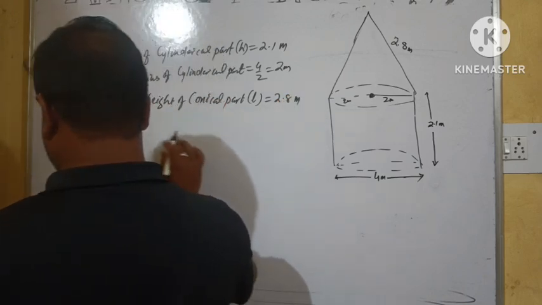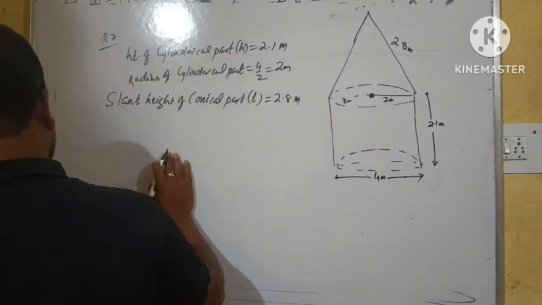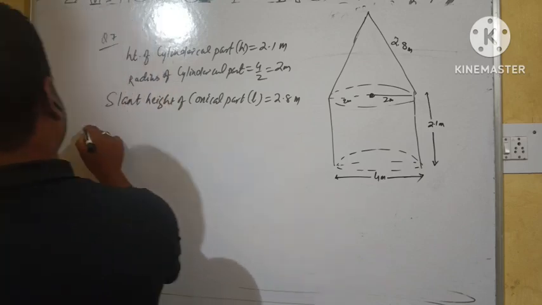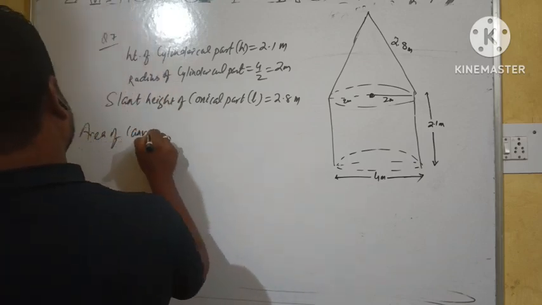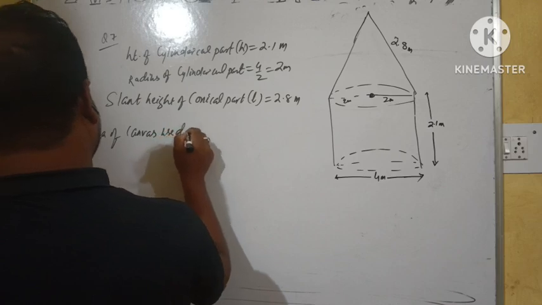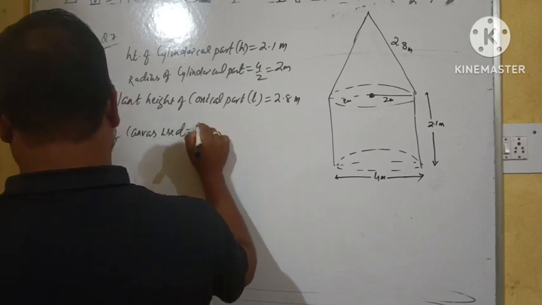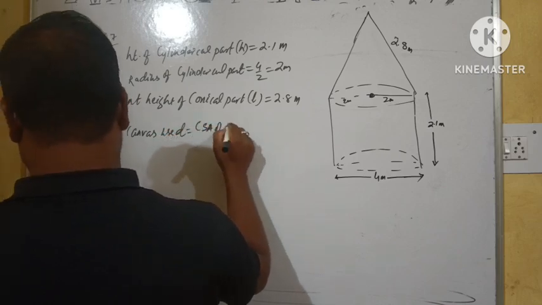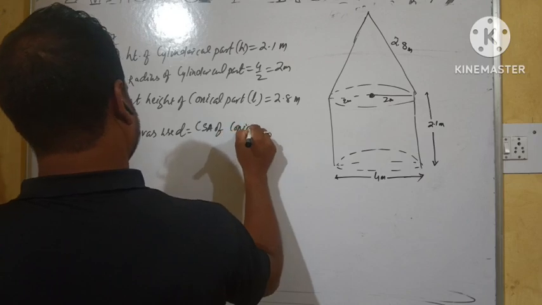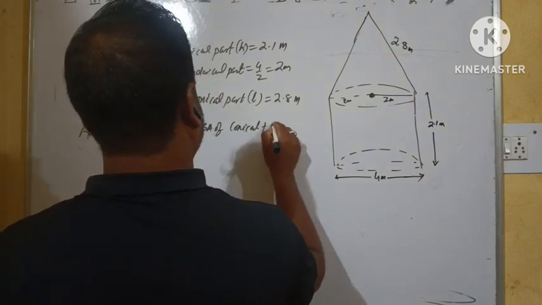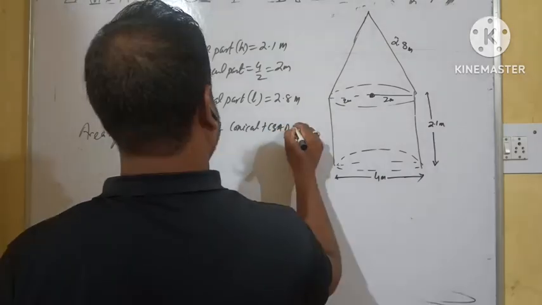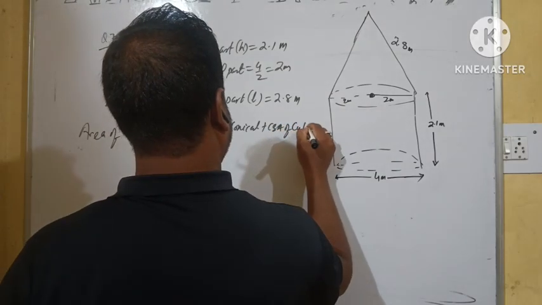Then we have to find the area of canvas used. Area of canvas used is the curved surface area of the conical part plus the curved surface area of the cylindrical part.